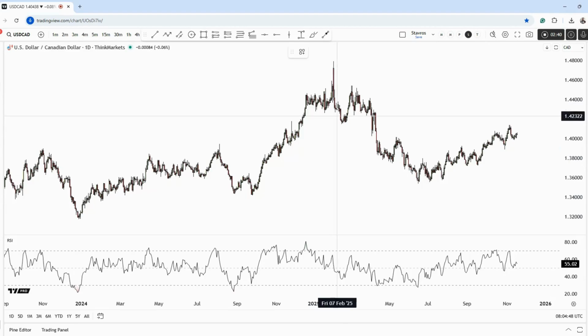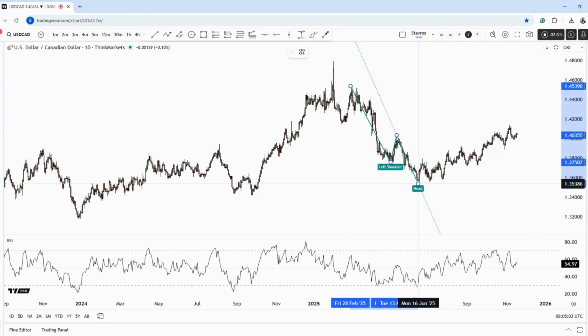I am looking for upside as long as the Fed holds its recent stand to not really rush with December cuts. We're going to see how that pans out anyway.